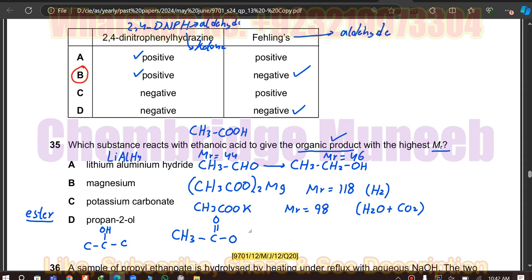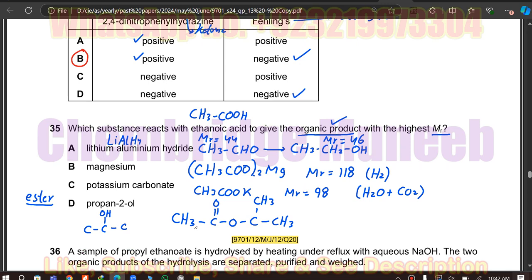As we know this alcohol is present on the second carbon atom, which means this carbon will have CH3 on this side and CH3 over here. Now this is the ester obtained by the reaction with the ethanoic acid. This part comes from the ethanoic acid, and the other part comes from the alcoholic part, so we got the ester.